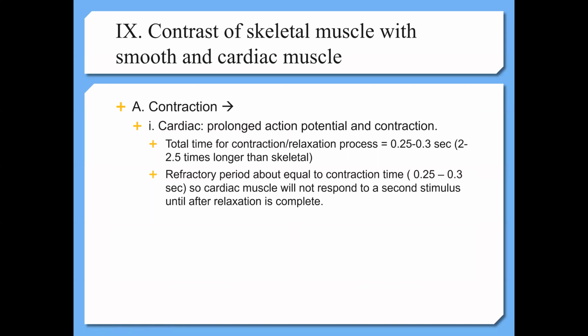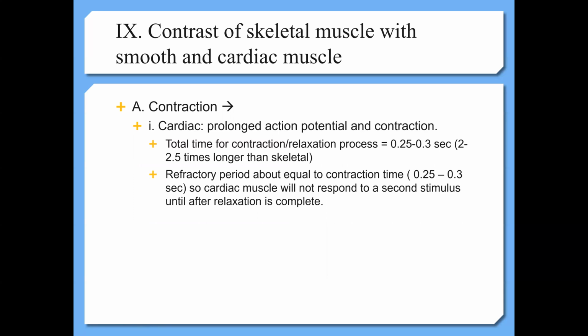The refractory period in cardiac muscle, so it's not going to contract, is almost equal to the contraction time. So the cardiac muscle will not respond to a second stimulus until after relaxation is complete.